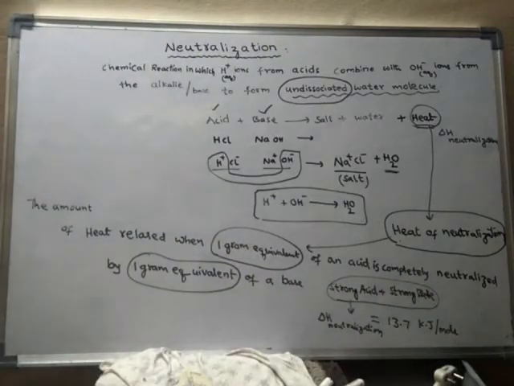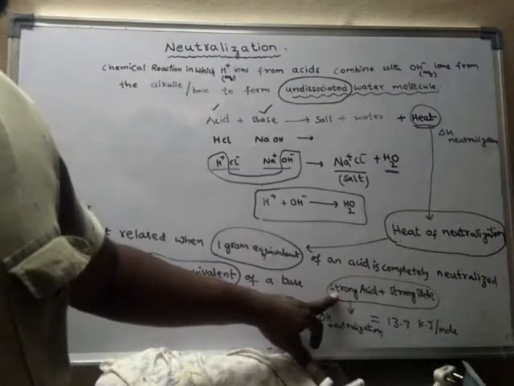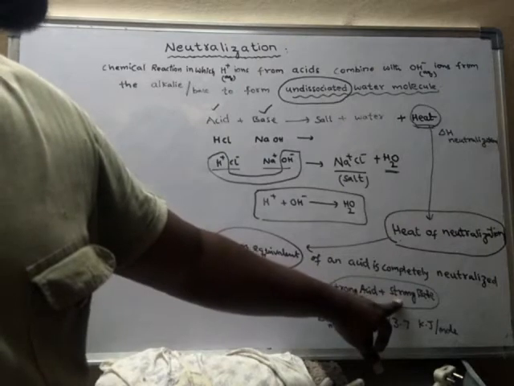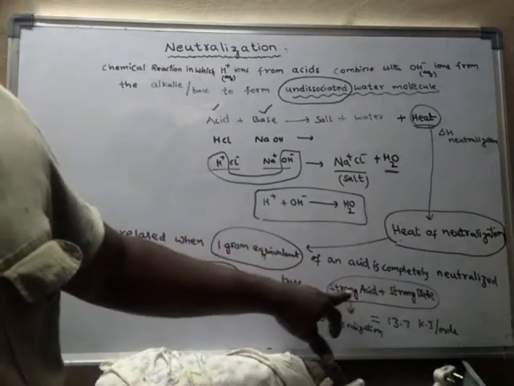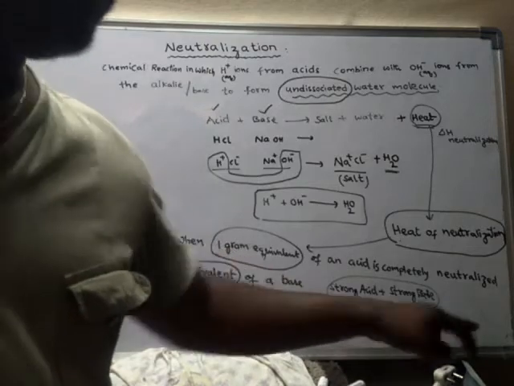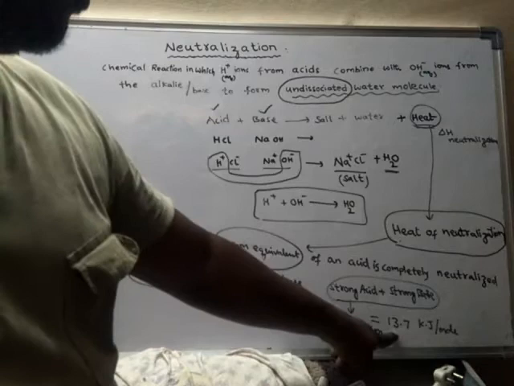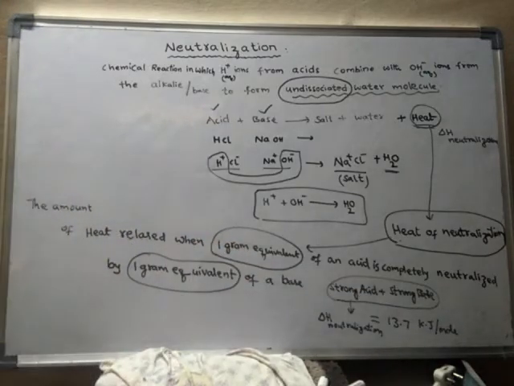When is this much amount of heat liberated? When a strong acid neutralizes a strong base, or a strong base neutralizes a strong acid. In that process, this much heat is liberated. In that case, the heat of neutralization will be 13.7 kilojoules per mole.